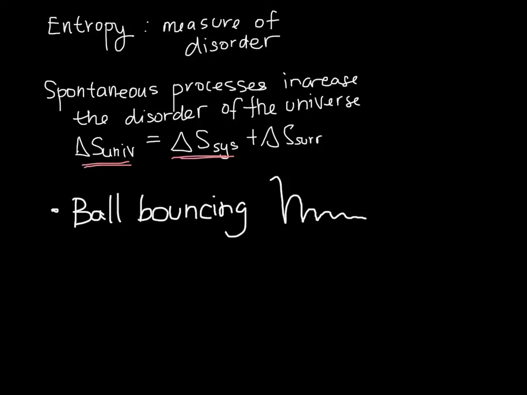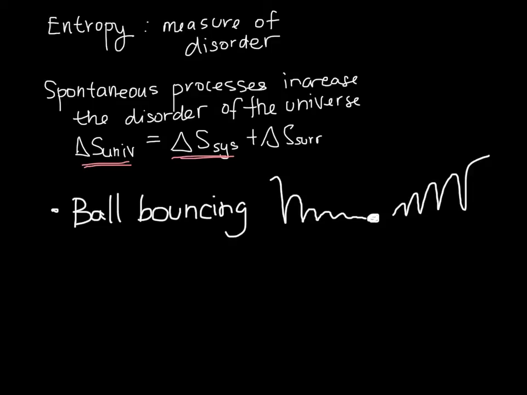And finally it will come to rest. The energy that the ball had will be transferred into thermal motion of atoms in the floor, and eventually our ball will be sitting here on the ground. But we would obviously never see a ball sitting on the ground spontaneously start bouncing higher and higher.